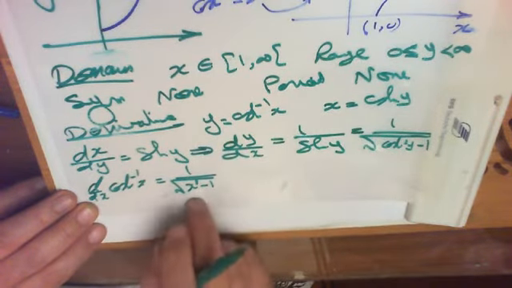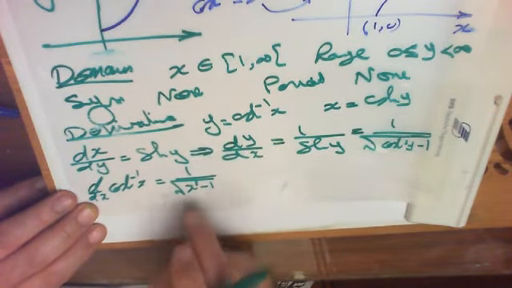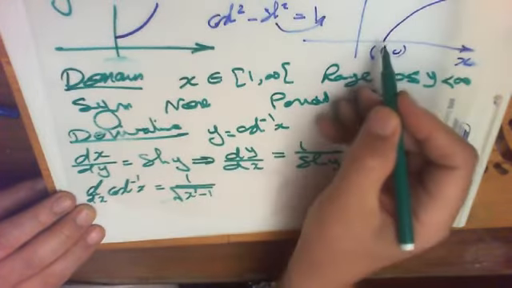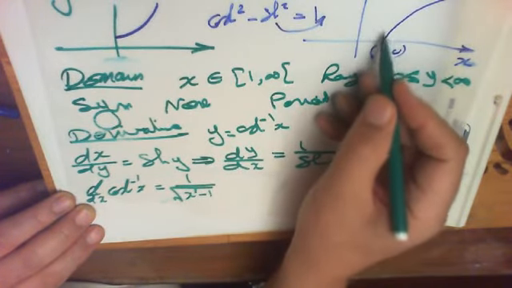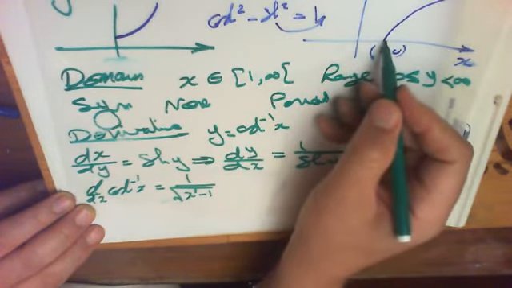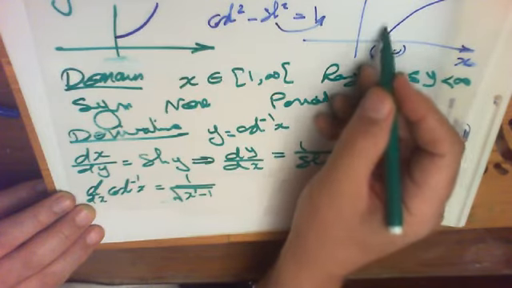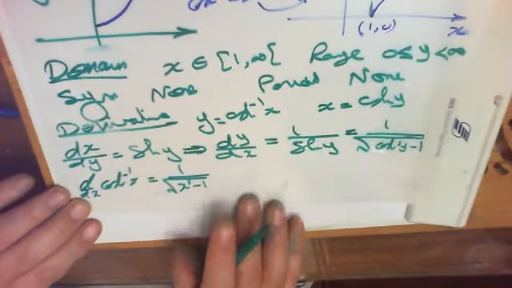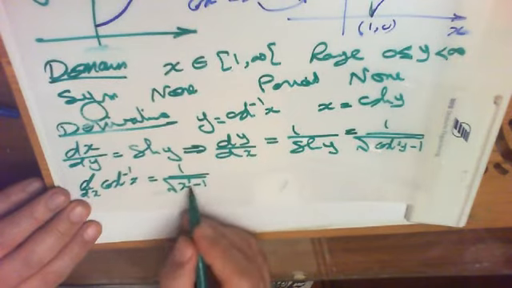This means that, what does this mean? It means that we have a vertical tangent at this point. It's clear. Here is a vertical tangent. Why? Because the derivative at 1 is infinity.